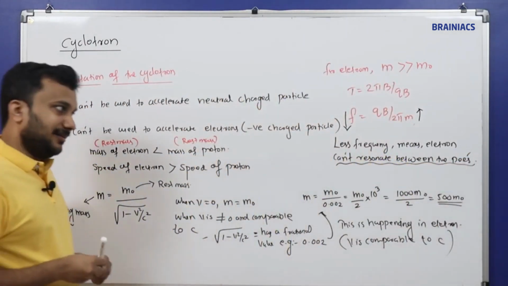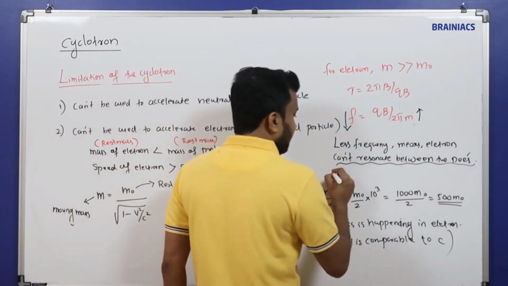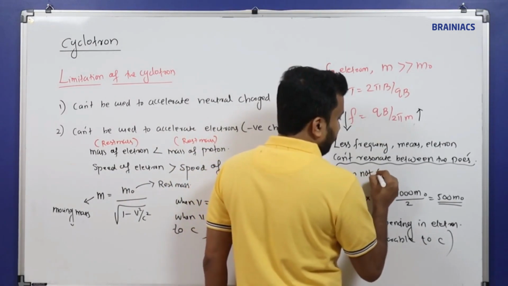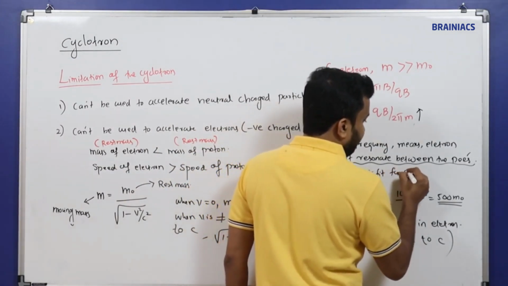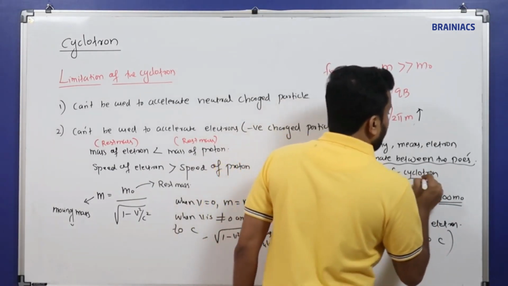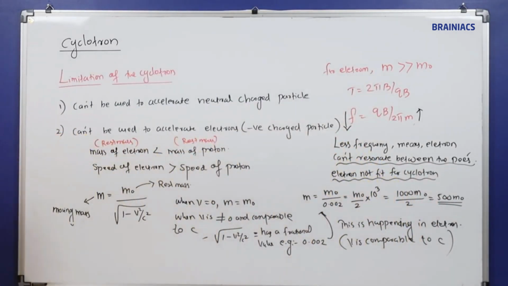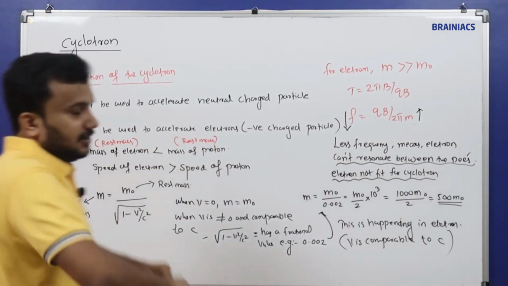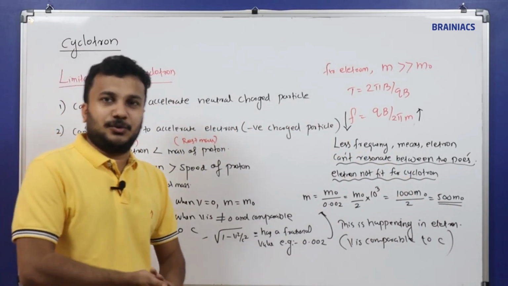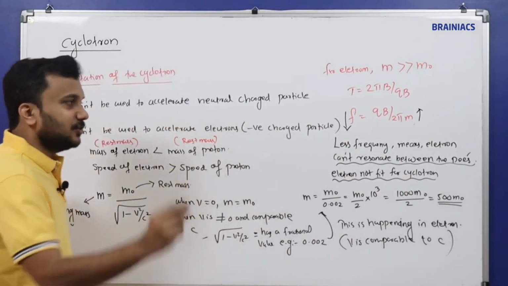This means I can say the electron is not fit for the cyclotron. Okay, so it cannot oscillate. That is the main problem. If it cannot oscillate, what is the purpose of putting an electron in a cyclotron? Not possible. So this was the reason.